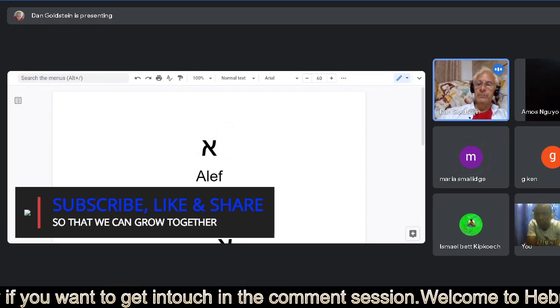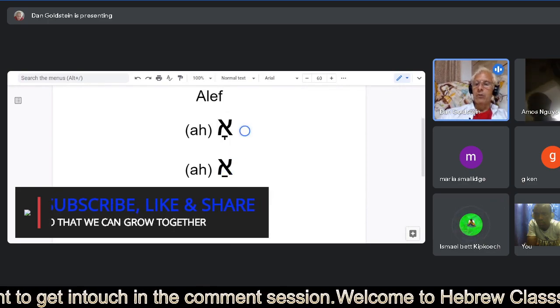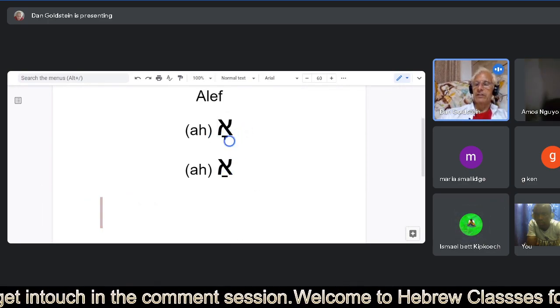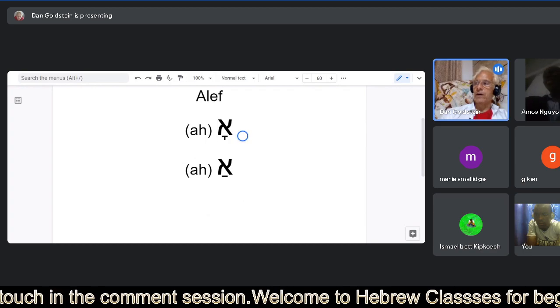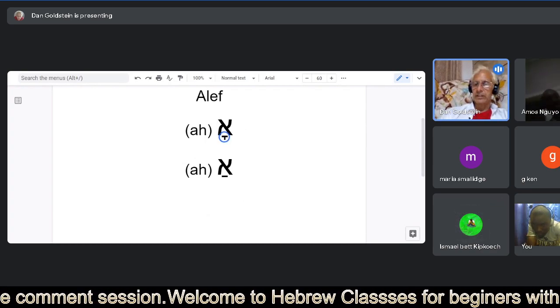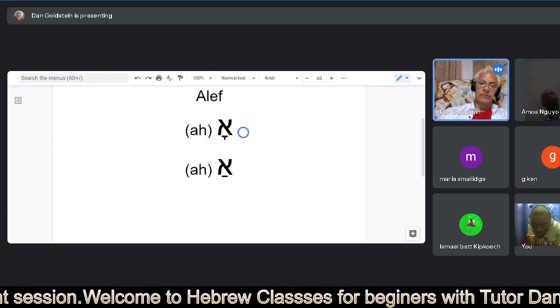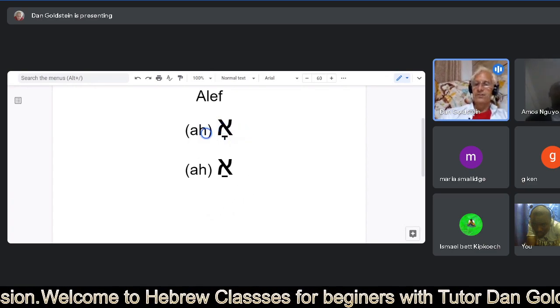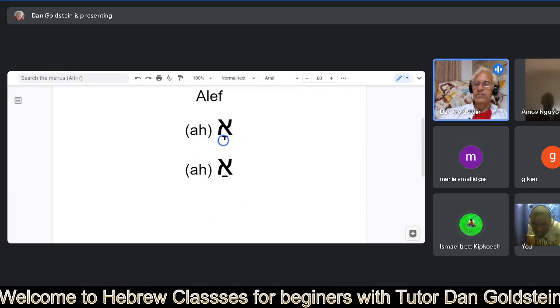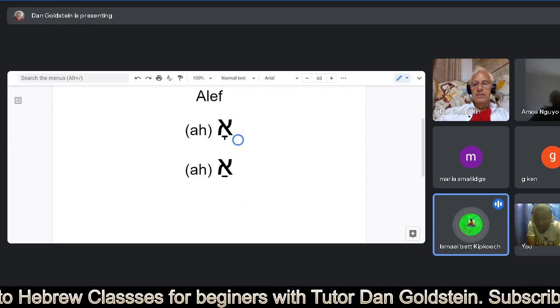We simply pronounce the vowel which is underneath the letter, and you'll learn your vowels one by one. The first vowel that you will learn is this little letter T, and it makes the ah sound. And underneath the Aleph, we simply pronounce this vowel, which is ah. All right.